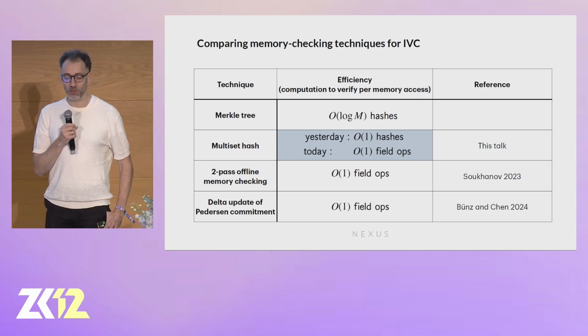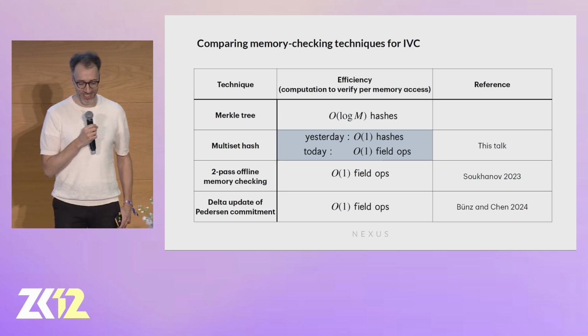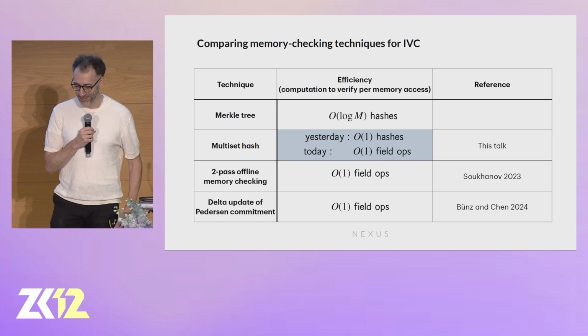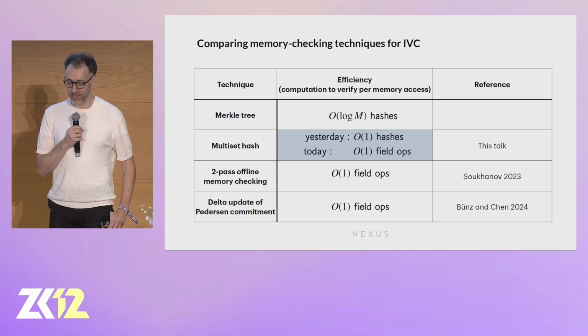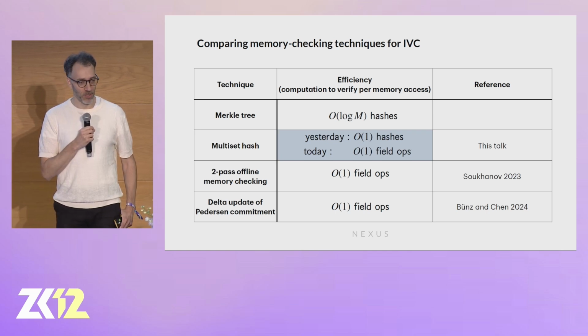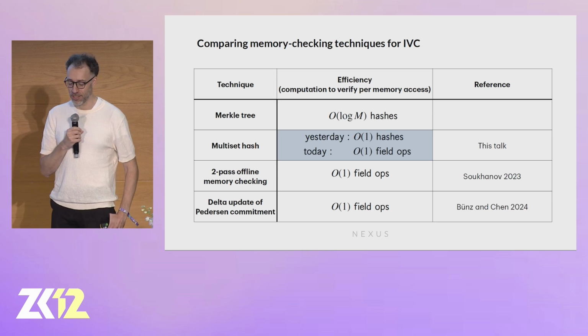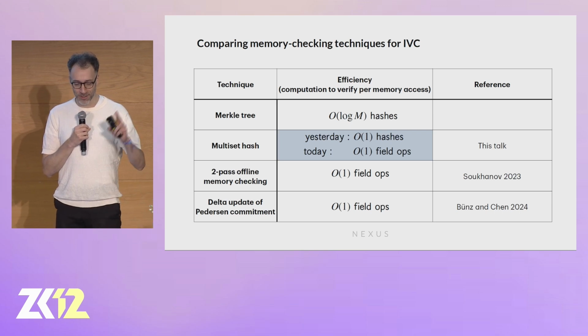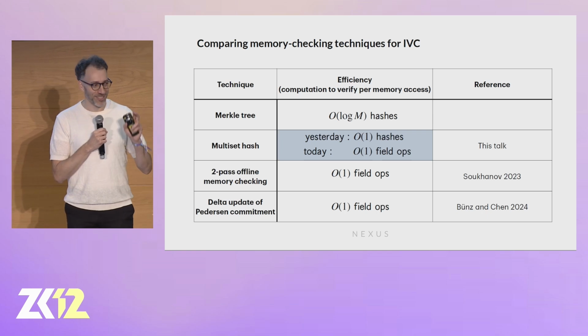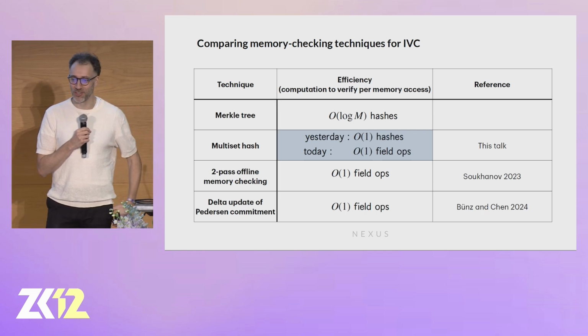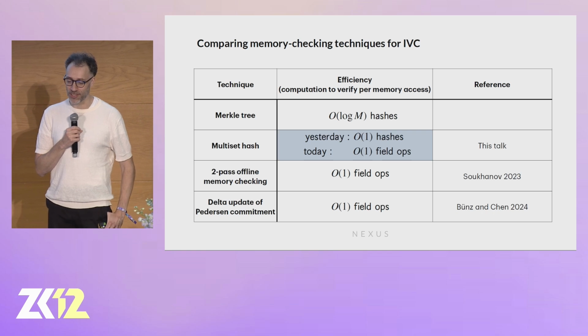If you want to know about that one, you can check out my talk on ZK proof, which was talking about that topic. And there's also a nice idea by Bünz and Chen in the paper Proofs for Deep Thought, where they're doing a Pedersen commitment to the full memory and then just making an update of a delta, the changes of the memory in each step, at a low cost.